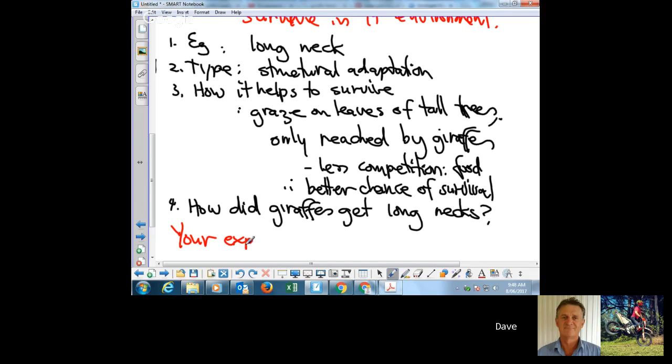Your explanation could be just something you think of off the top of your head, or it might relate to something you've learnt before. But I'd like you to come up with, okay, we know giraffes have long necks. How is it that they have long necks? You can come up with your own theory, or you might like to use a theory that's out there already, of which there's several.